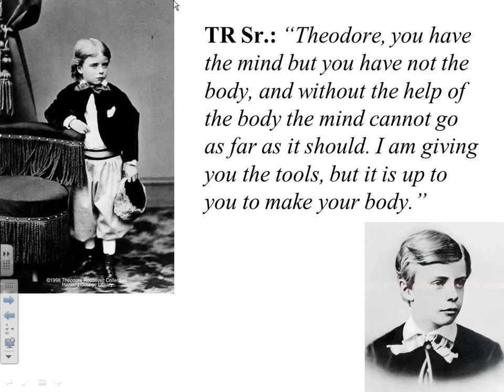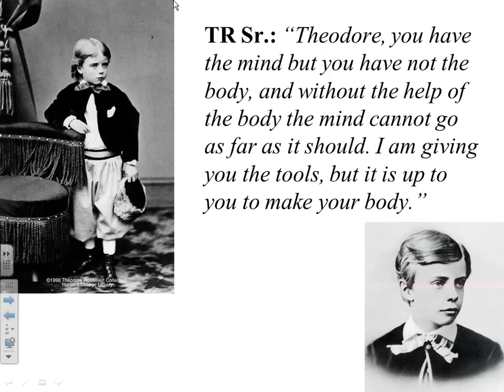Teddy Roosevelt was a sufferer of asthma during his youth. He spent quite a lot of time infirmed in bed with struggles breathing. And so Teddy Roosevelt takes the father's challenge to heart and really goes through a process from a young boy into the rest of his life of being very vigorous in terms of physical activity.